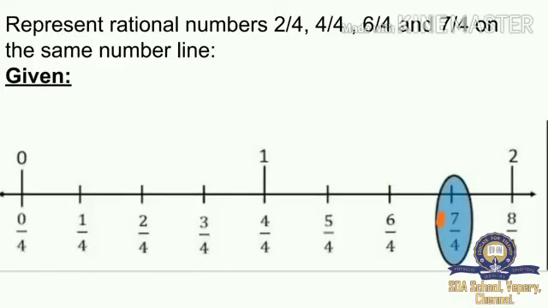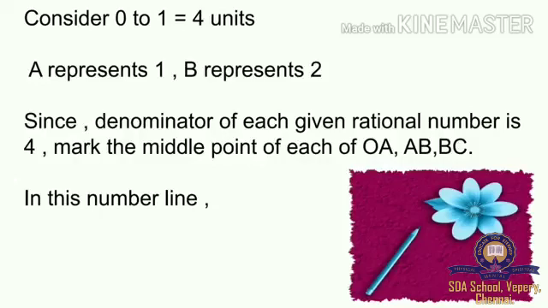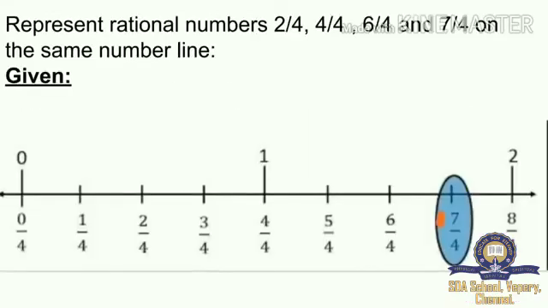This is A, this is B, this is C, and this is D. Here we are getting 4 numbers on the same line. So we are representing 0 to A, A to B, B to C, and C to D.